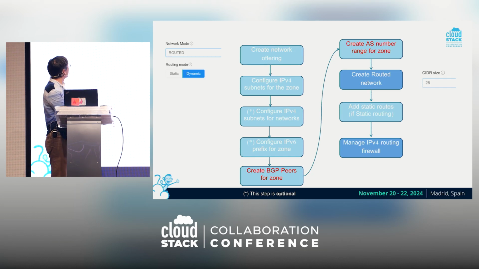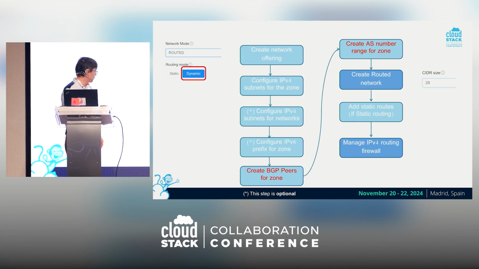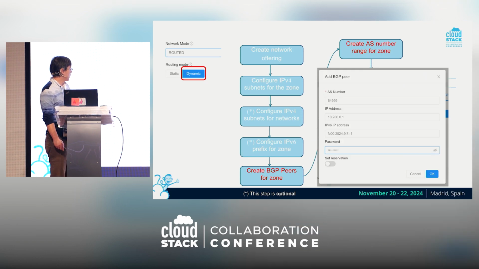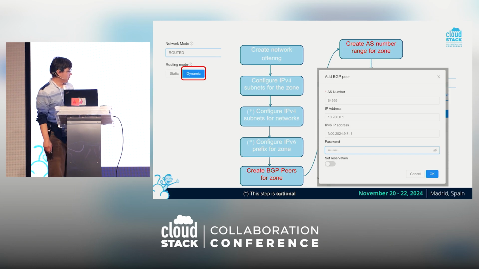The first one is, when we create the network, we need to select dynamic routing as the routing mode. And then the operator needs to create BGP peers. For each BGP peer, there is an AS number, IPv4 address, and IPv6 address. We just need to input one of them. The password is optional, if it exists.